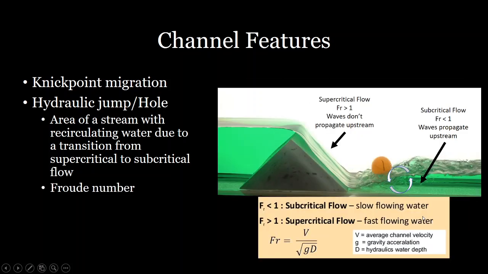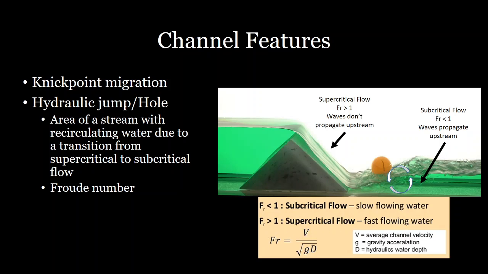So what do I mean by supercritical and subcritical? We can define these terms using the Froude number. Subcritical flow is slow flowing water where the Froude number is less than 1, whereas supercritical flow is fast flowing water where the Froude number is greater than 1.